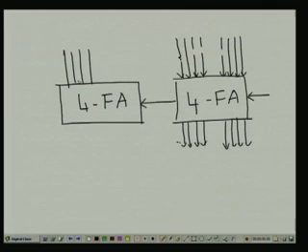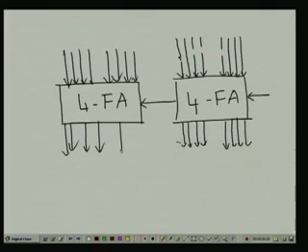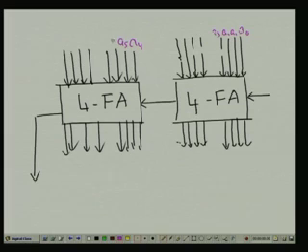Similarly, for the 8-bit adder the inputs are A0, A1, A2, A3, then A4, A5, A6, A7, and these are the B inputs, B0, B1, B2, B3, and B4, B5, B6, B7.